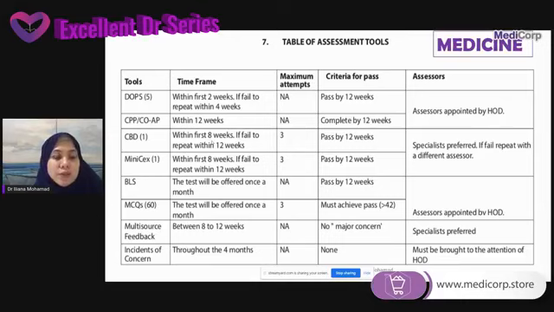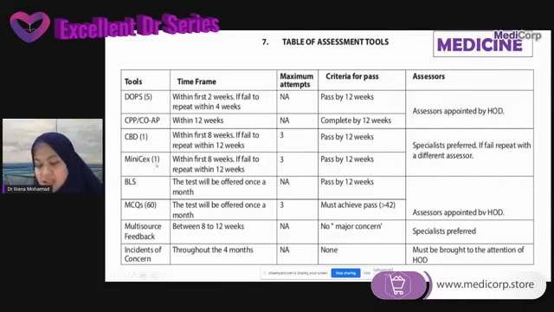Why they suggest you to attempt early is, if you fail, you can repeat within 12 weeks. So if you fail, you will have another 1 month, during your 3rd month, to repeat this assessment, and the maximum attempt is 3 times before you'll be extended if you couldn't pass within these 3 maximum attempts, okay.